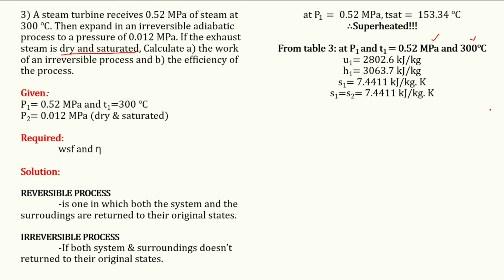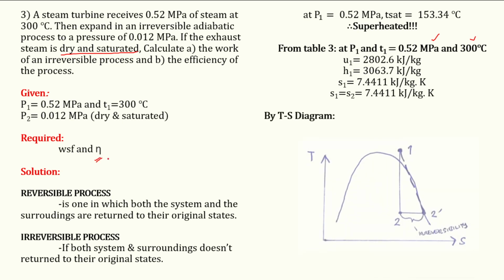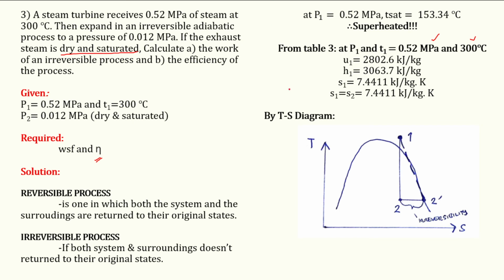Okay, so when it comes to solving H2 prime, kasi nga, di ba kailangan natin ng ating efficiency, tingnan natin siya sa ating TS diagram. So, actually, di ba pag TS diagram, kapag ideal, from point 1 to point 2, straight line lang siya. But since due to irreversibility, magkakaroon siya or yung sa actual natin, yung 2' natin, nandito, dry and saturated.